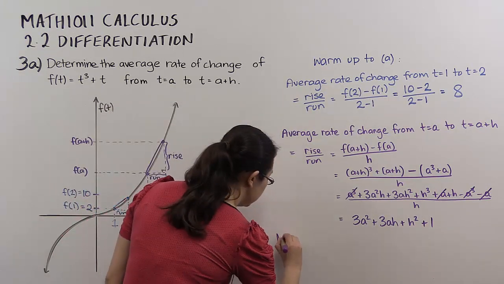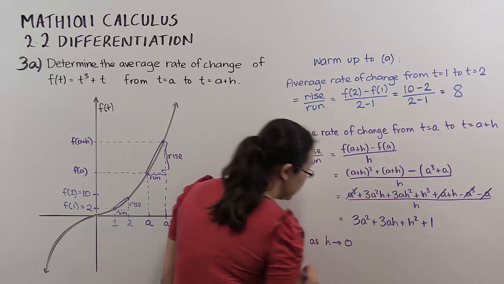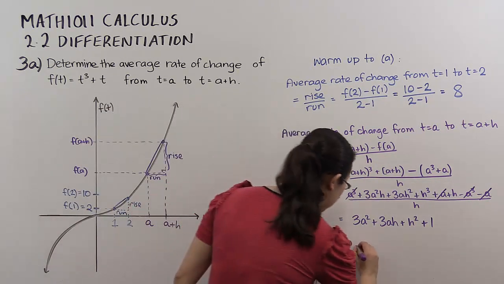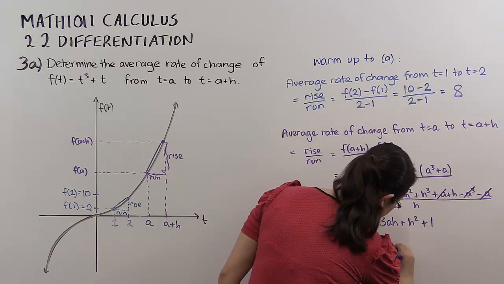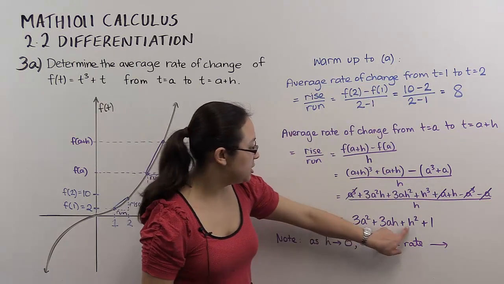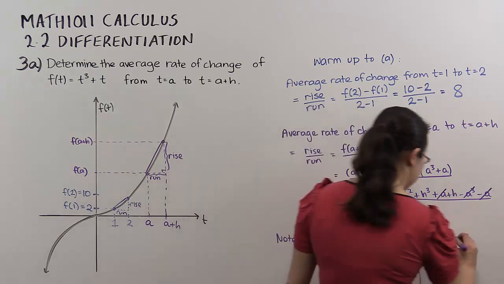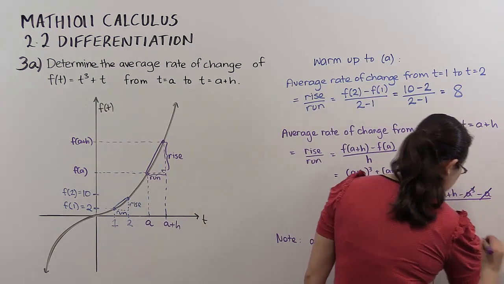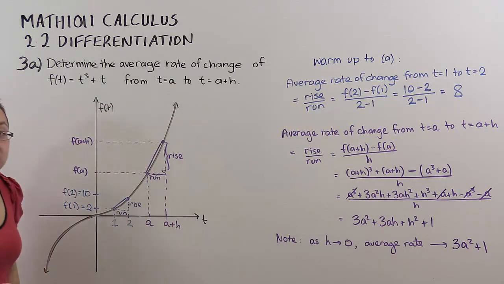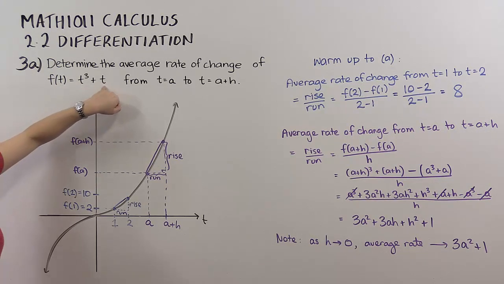I just want to write a note at the bottom here. Note that as h tends to 0, 3ah and h squared both tend to 0, so this average rate of change tends to 3a squared plus 1. And that's what we know as the instantaneous rate of change, which is what we expect because we know from our differentiation rules that f dash of t is 3t squared plus 1.